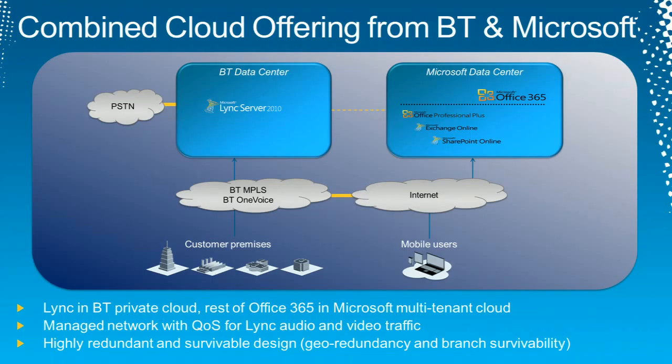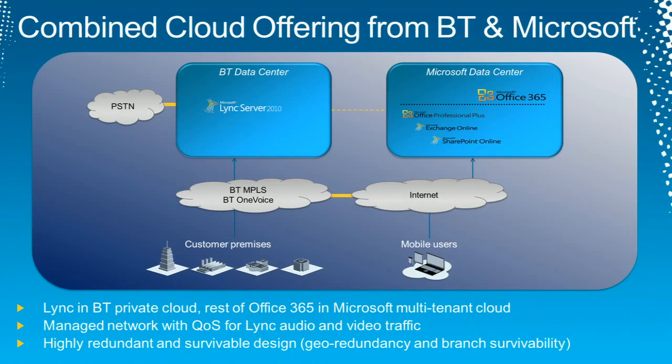So if you think about the $60 per user per month, the top-tier SKU for Office 365, what we call E4, is $27. So basically, you pay $27 to Microsoft, and then the rest is BT hosting and managing your Lync private cloud deployment at this point. So when we think about the cloud for Lync today, if you want to get the full functionality of Lync, private cloud is probably the way to go, and you should consider this.